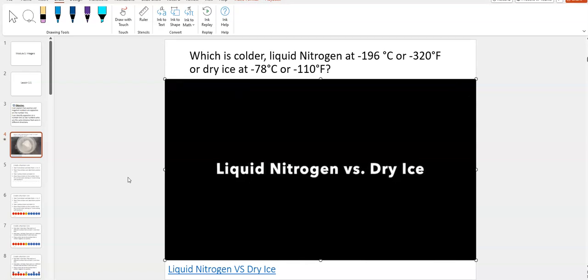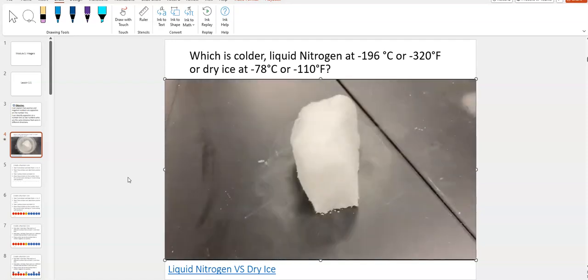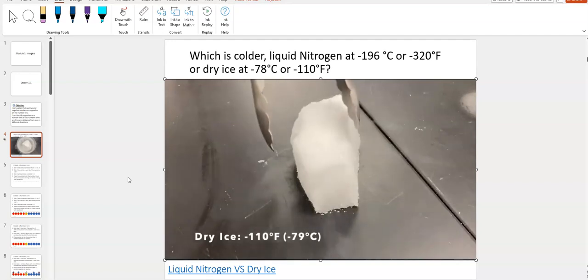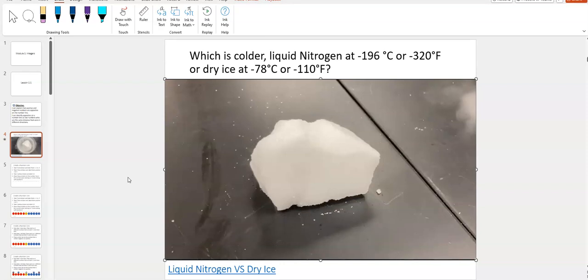So liquid nitrogen versus dry ice. This is not me. This is just a video from YouTube. But there's our liquid nitrogen. You might notice that some things are happening too. Really cold. So you'll notice that they are using tongs, not their hands.